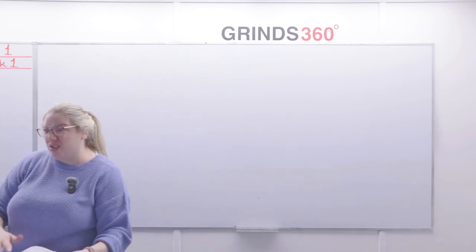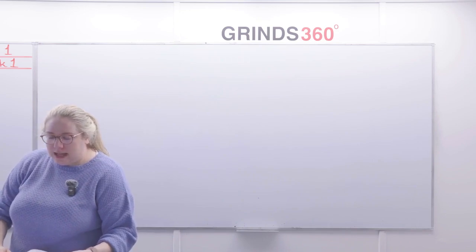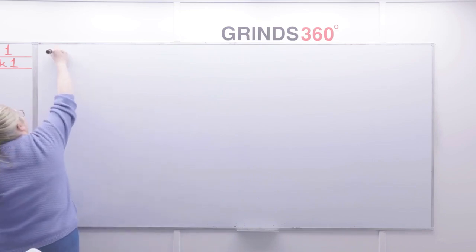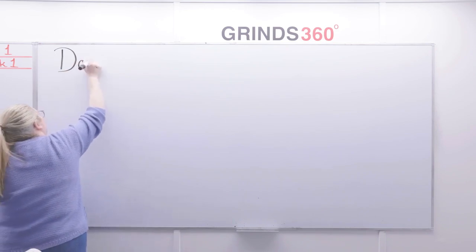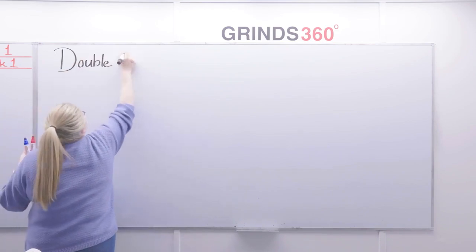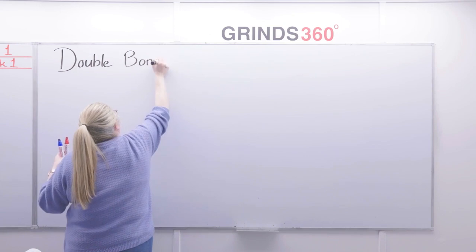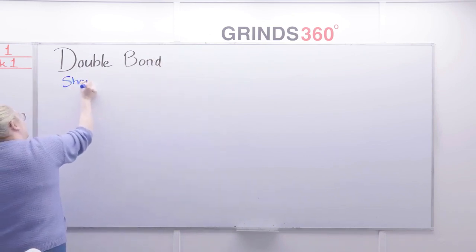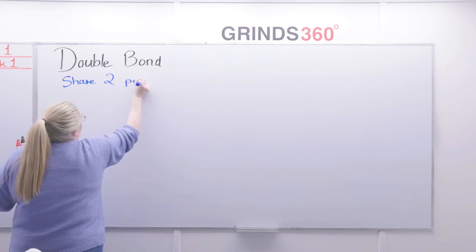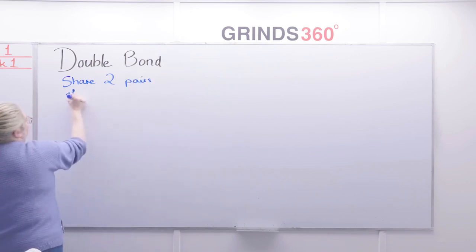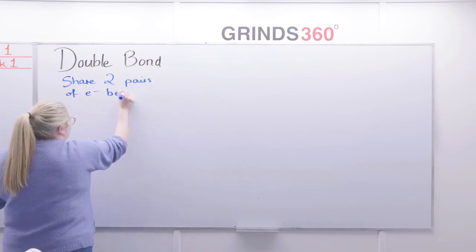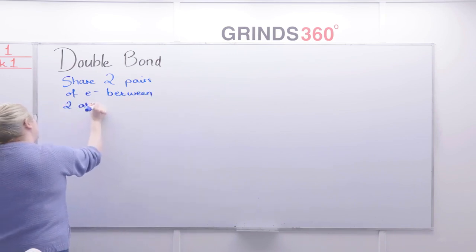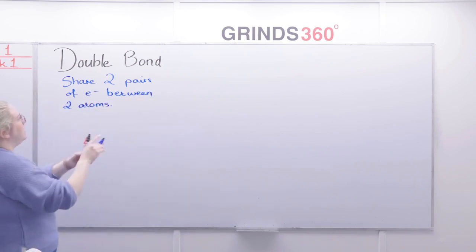Or oxygen. Now, worked example number 1. This looks at a double bond. And I'm going to write under here, we share 2 pairs of electrons between 2 atoms. 2 of the same atoms. Not of the same element though.